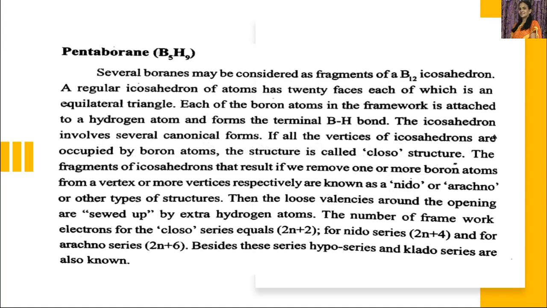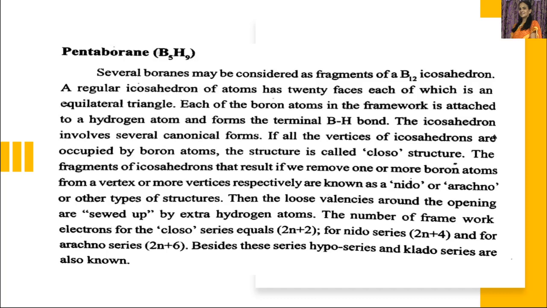Now let's discuss the next higher borane, that is pentaborane. This also is considered in the series of BnHn+4 type, that is B5H9, pentaborane-9.